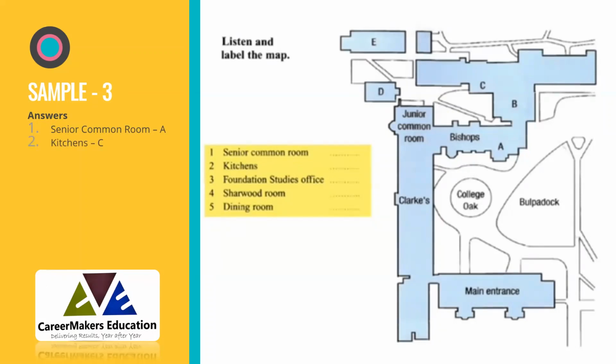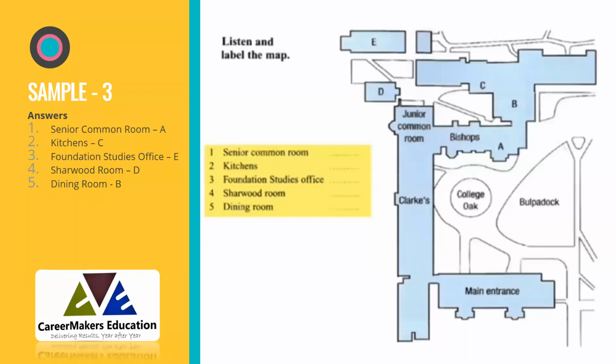Kitchen is C. Then the Foundation Studies Office is extremely far, which is E. And then the Sharwood Room is D, and then the dining room is B. So first is A, second is C, third is E, fourth is D, and fifth one is B.